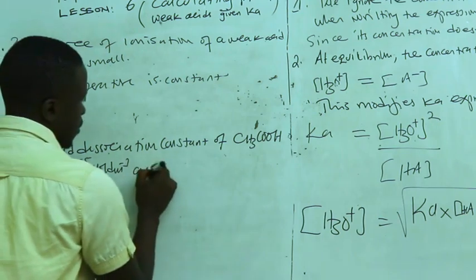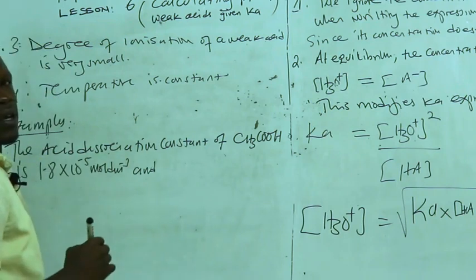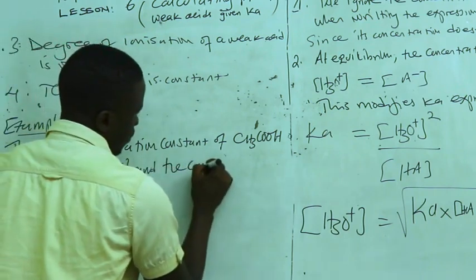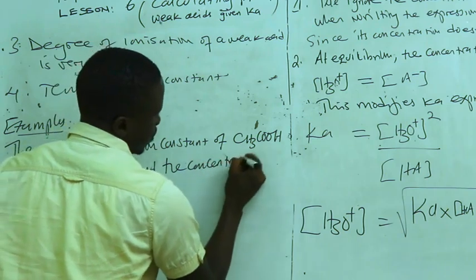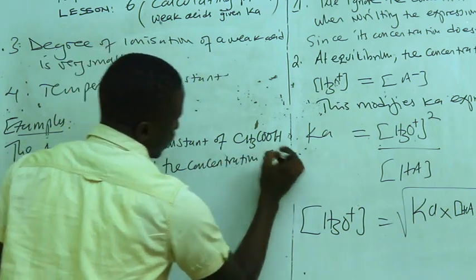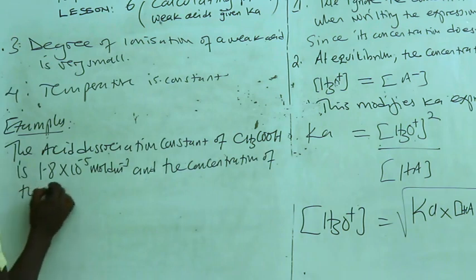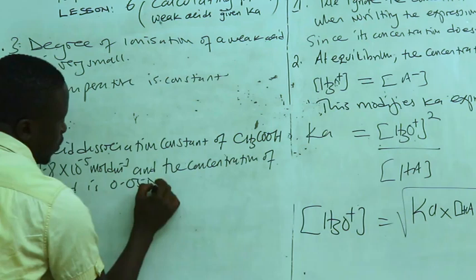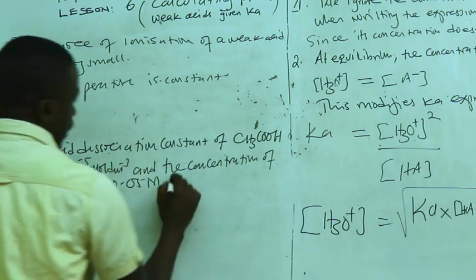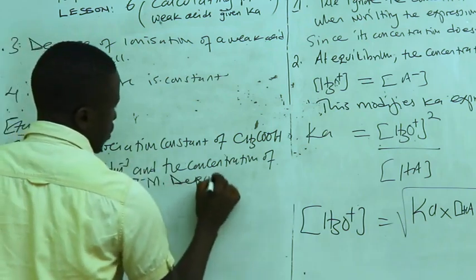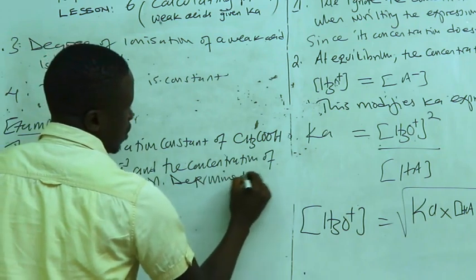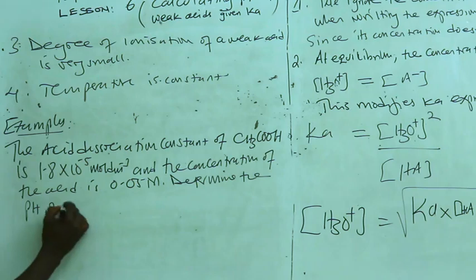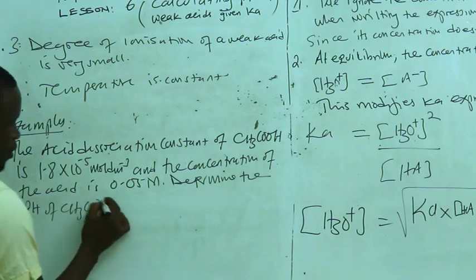And the concentration of the acid is 0.05 molar. Can we determine the pH of ethanoic acid?